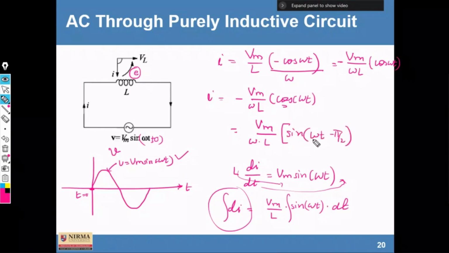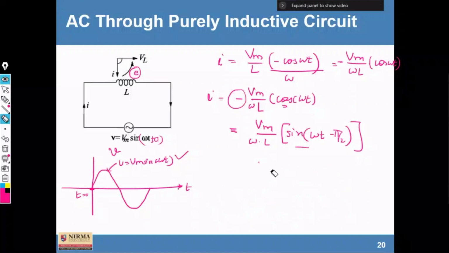We know that cos of pi by 2 minus omega t is equal to cos omega t, but this minus sign we have shifted inside. So we can write the final equation of current I in the form of sine omega t minus pi by 2.